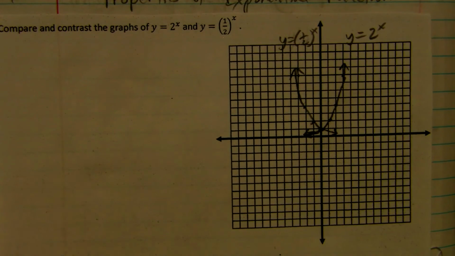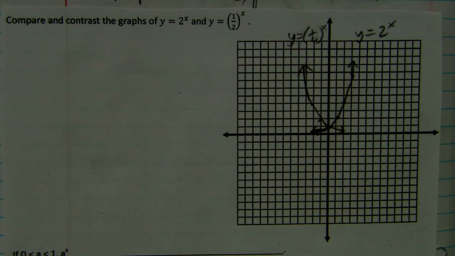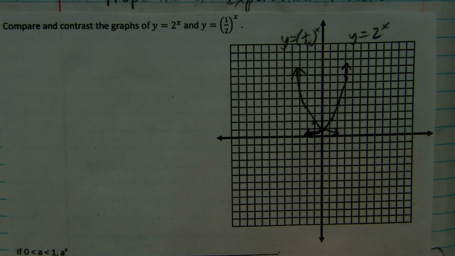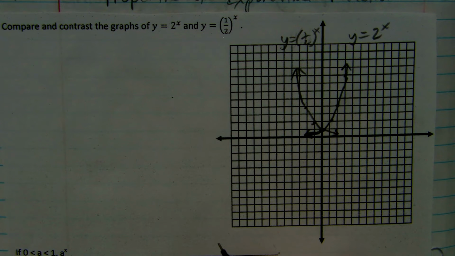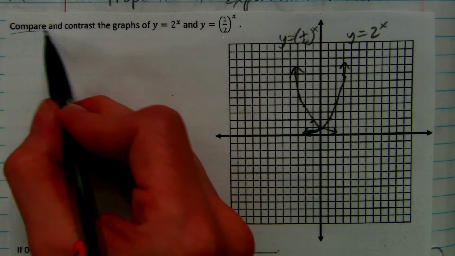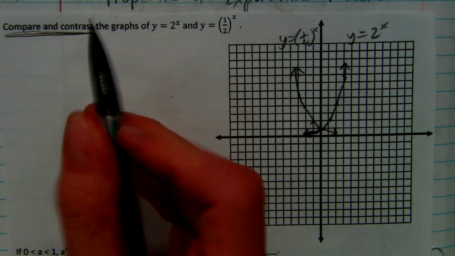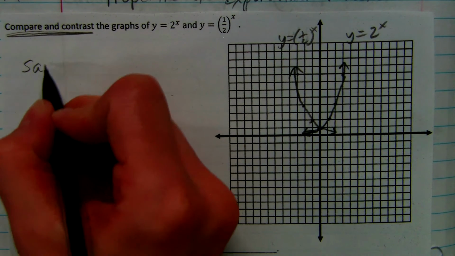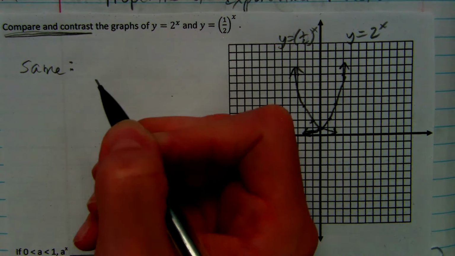So it says compare and contrast. There's a couple of things. What we're going to do is talk about first domain and range. When you compare and contrast, you want to say how they're the same and how they're different. How they are the same is that they have the same domain and range.